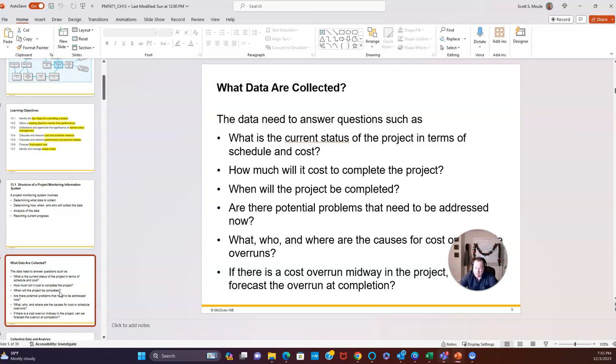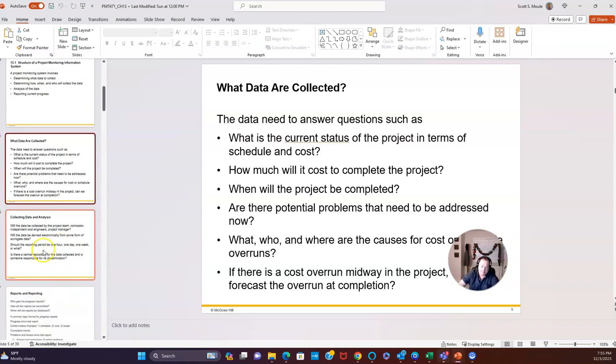And then, if a project has cost overruns or schedule delays, how can we adjust, and what are the mitigation strategies to bring it back in line with the cost? Or how do we accelerate to come back to the timeline or the targeted date? These are some of the questions you must ask yourself as you're starting a project so you can plan how you're going to communicate the status throughout the life of the project.